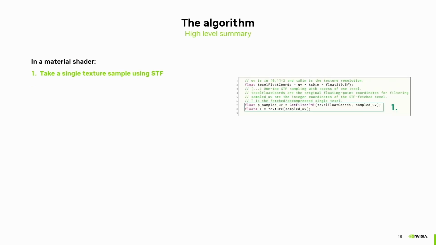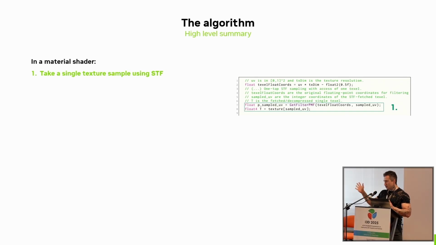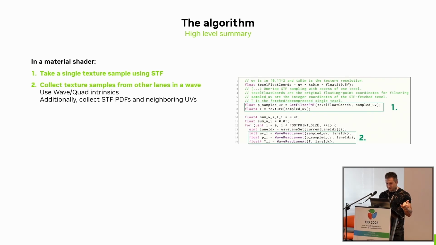So here is a very high-level overview of the algorithm. The pseudocode on the right is actual code, but let's not focus on the code specifically. It's rather to show you how simple the technique is. The technique consists of four main steps. We're assuming that we're inside of a material shader, and we begin by taking a single texture sample using vanilla stochastic texture filtering.